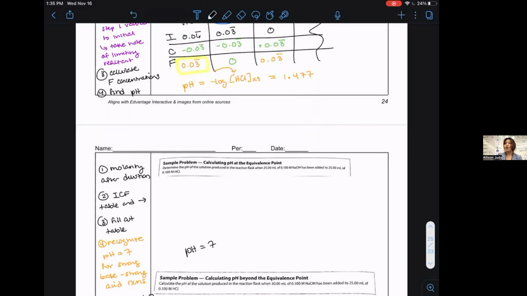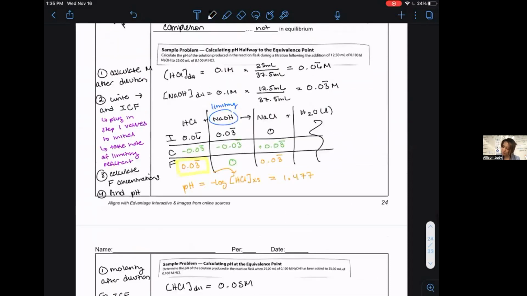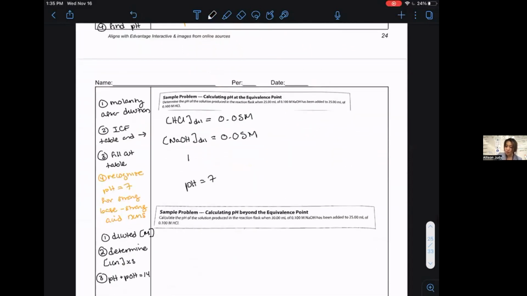Exactly. Now, your mathematical proof would be determining your diluted concentrations of HCl, which you should have gotten 0.05 molarity, and your diluted concentration of NaOH, which you should have gotten 0.05 molarity. If you wrote out the reaction as we did above, you know it's a 1-to-1 ratio necessary for neutralization.